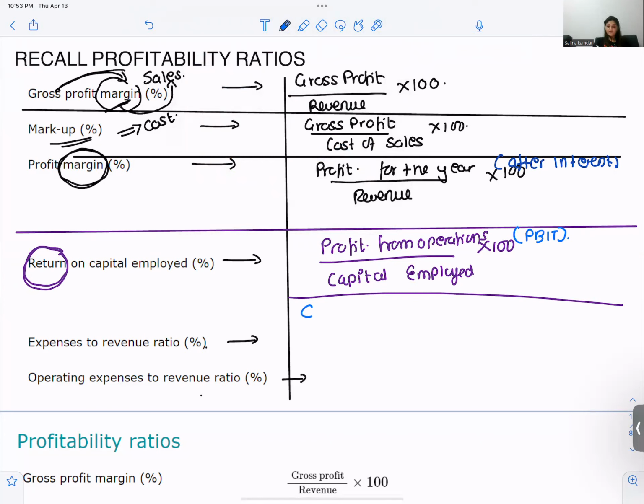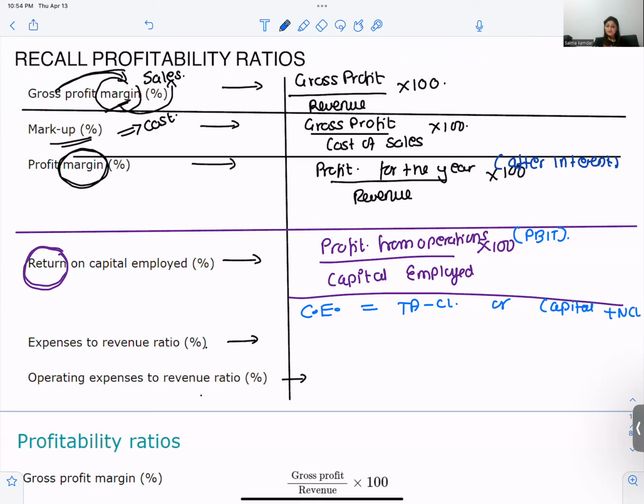What is the formula for capital employed? Capital employed is total assets minus current liabilities. I just know total assets minus current liability would be capital plus non-current liabilities.